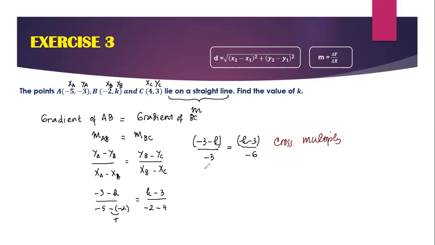Minus 6, open the bracket, cross 3 minus K, right? Equal minus 3 times K minus 3. Is it clear, everyone? Cross multiplication, right?